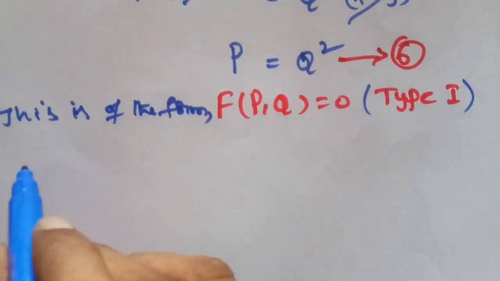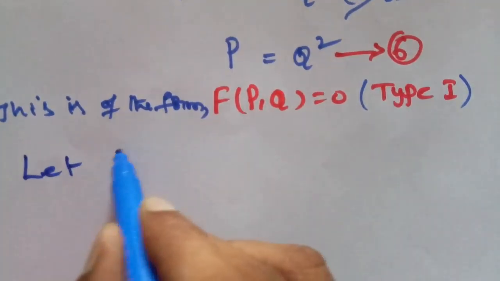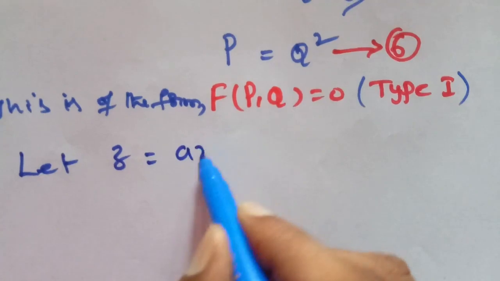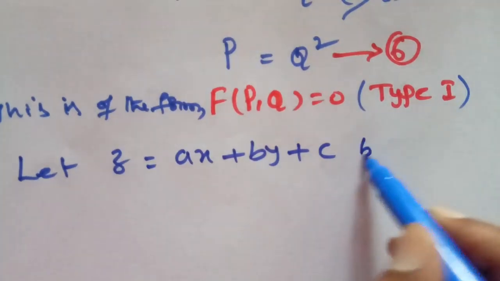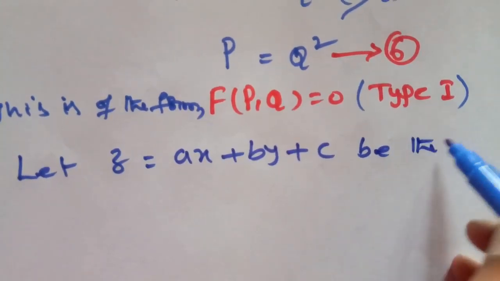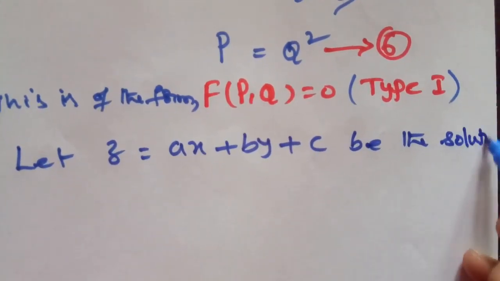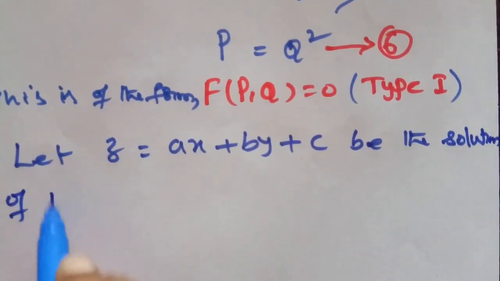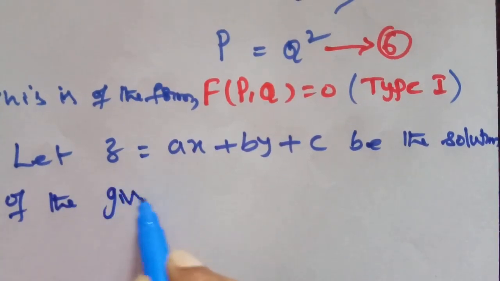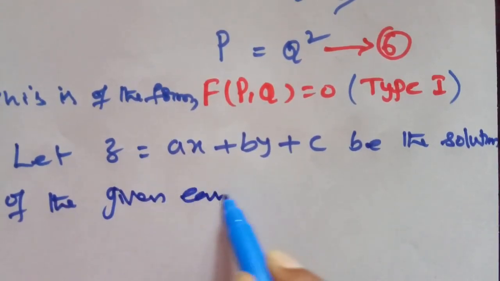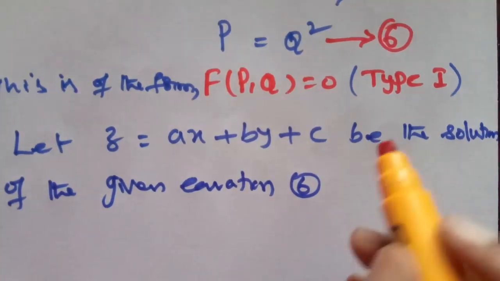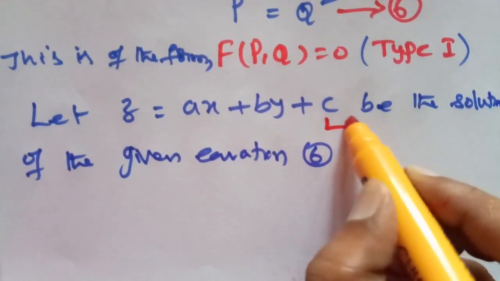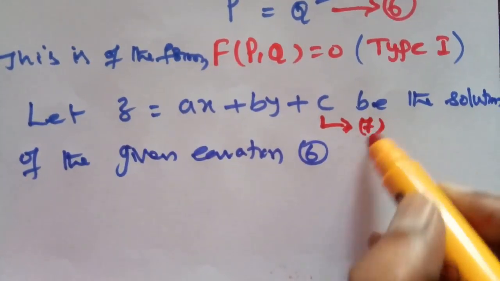Now let z is equal to ax plus by plus c be the solution of the given equation 6. Now say this is equation number 7.